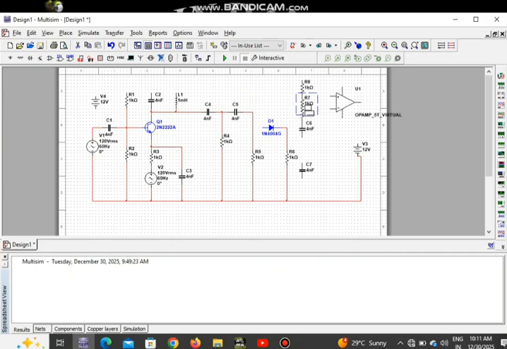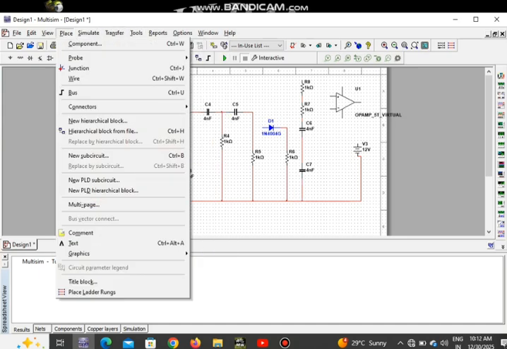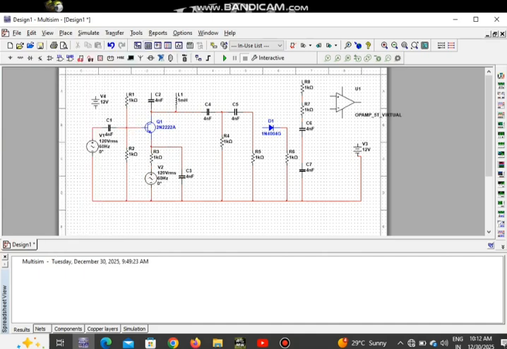C7, C8, C6 joined. Resistance R7, R8 and C7 grounded, and join diode and C6 on capacitor middle R6.